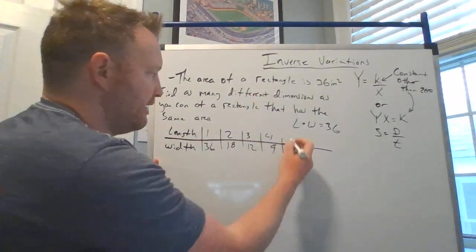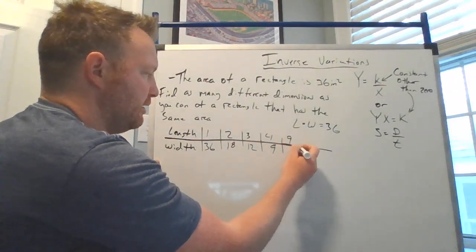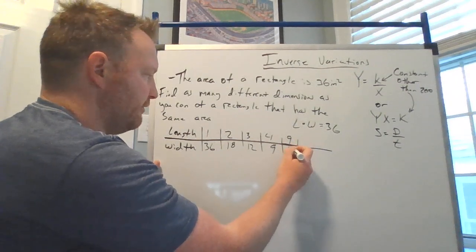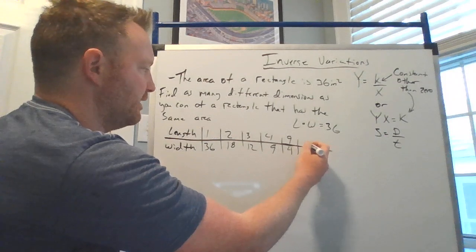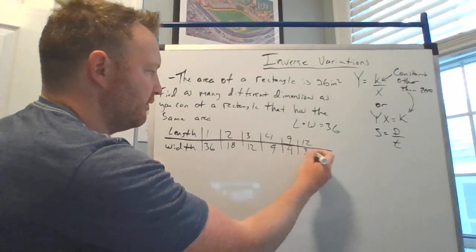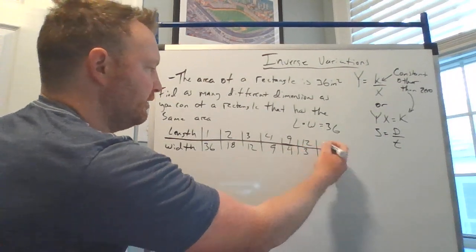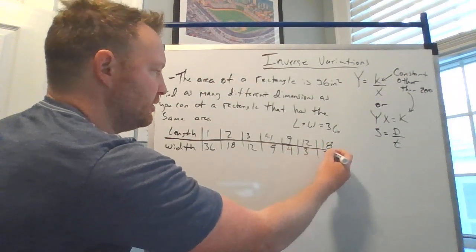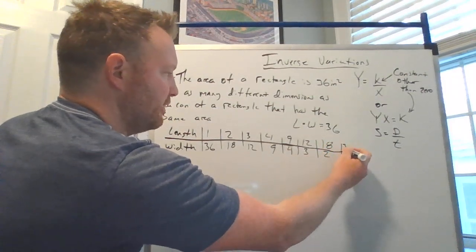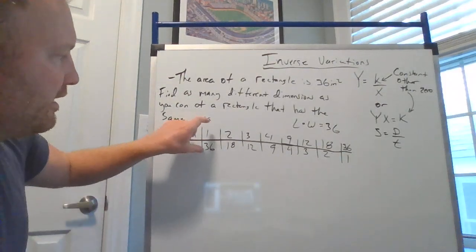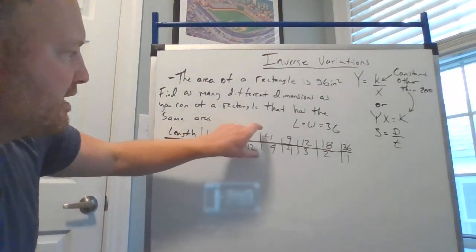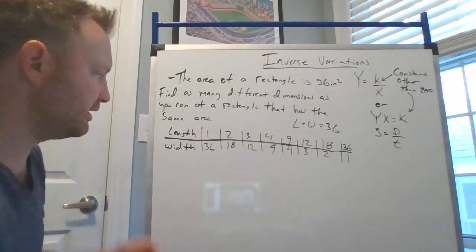If I have a length of 9 here, I have a width of 4 here, and so forth. So then I also have 12 here, I have 3 here. These are all valid. I have 18 here, I have 2 here, and I have 36 here, I have 1 here. They all multiply to the same exact area of 36.